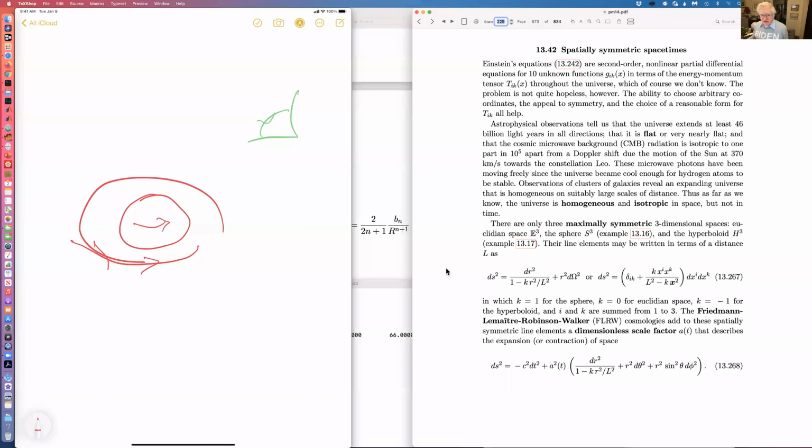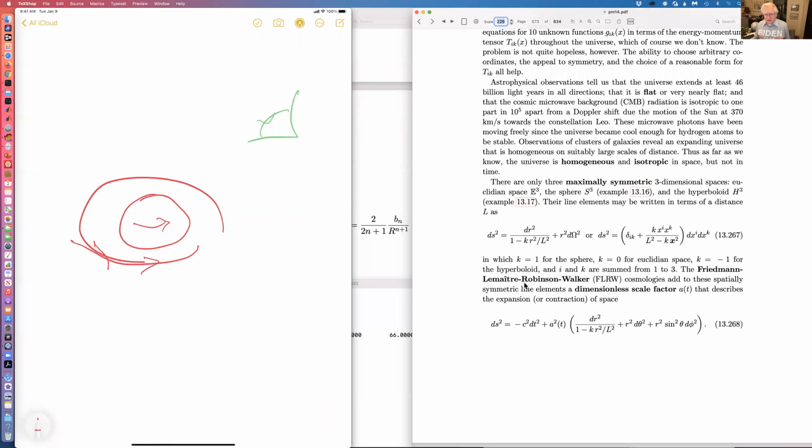What we have here is then the metric for a maximally symmetric three-dimensional space. It's what we've seen before. There are three kinds of maximally symmetric three-dimensional spaces: the sphere, the hyperboloid, and just ordinary Euclidean space. As far as we can tell, there's no reason to think that K is any different from zero experimentally.